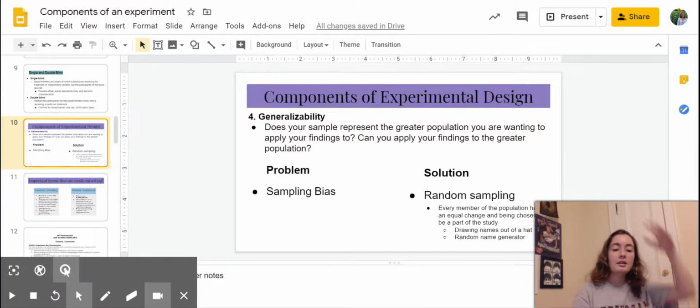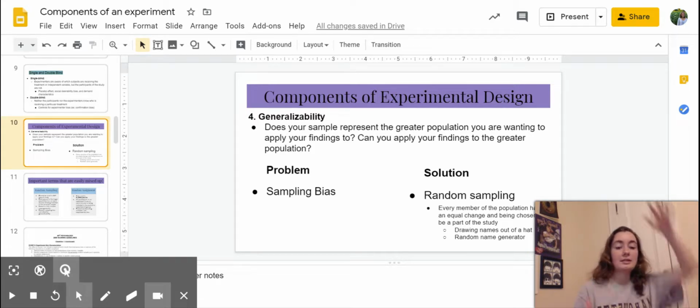Your sample is pulled from the population. So you want a representative sample that represents the demographics of your population. So if it's like 51% women and whatever the ethnic racial makeup of the population is, you want to make sure that even though your sample isn't going to contain every single bajillion people in the world, it represents an accurate demographic breakdown of that.